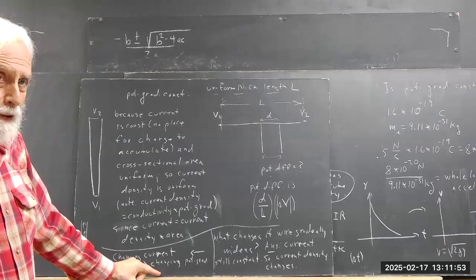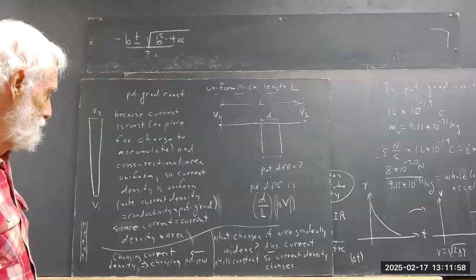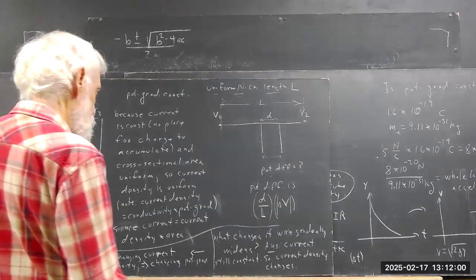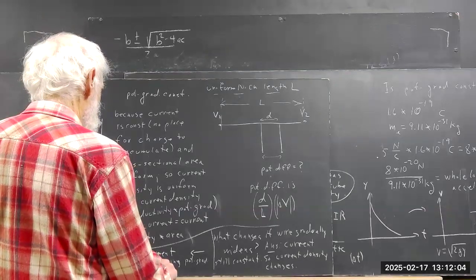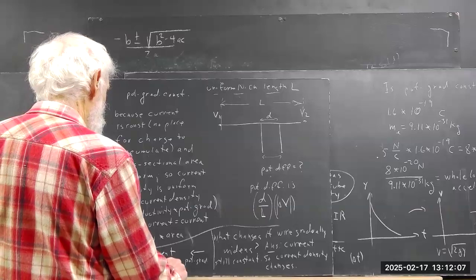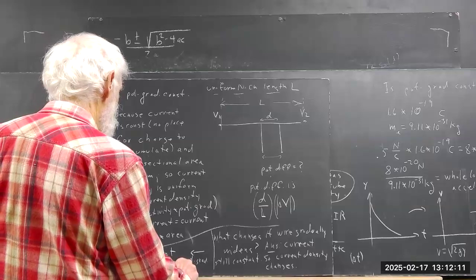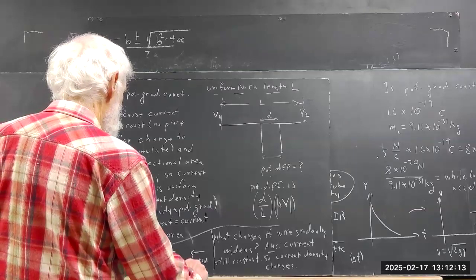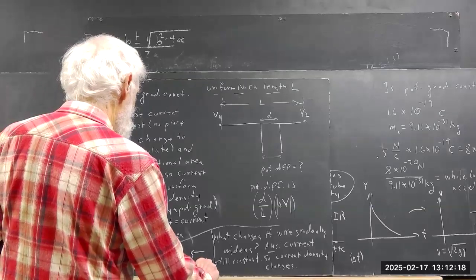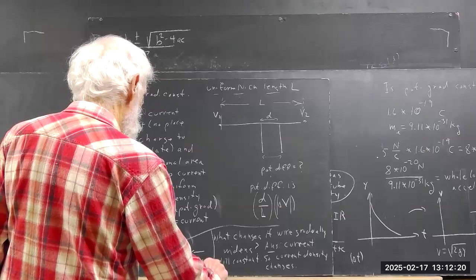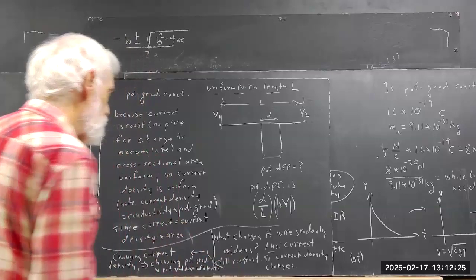Okay. And I didn't actually write that down, although that was said. I could say, so the potential gradient decreases with width.